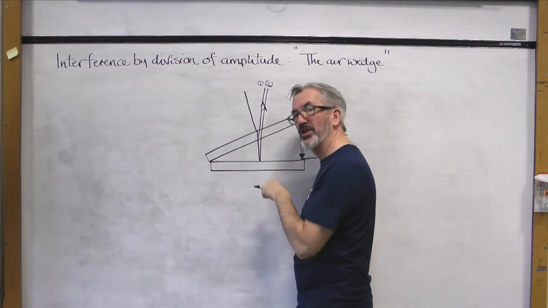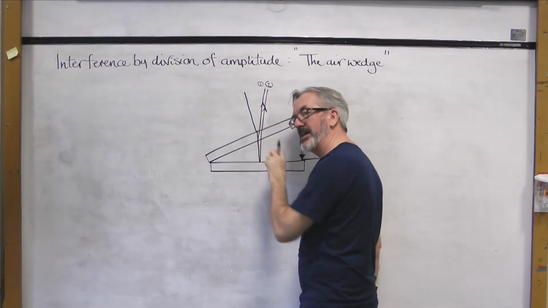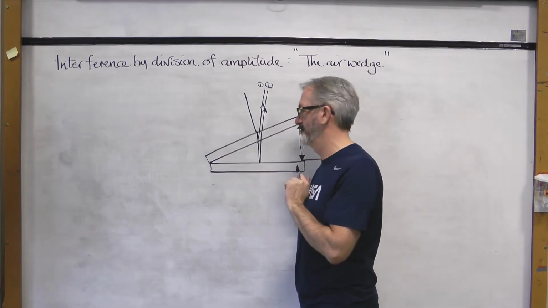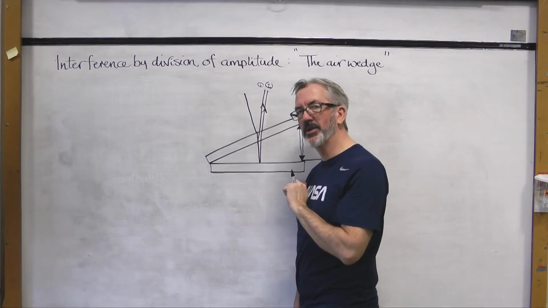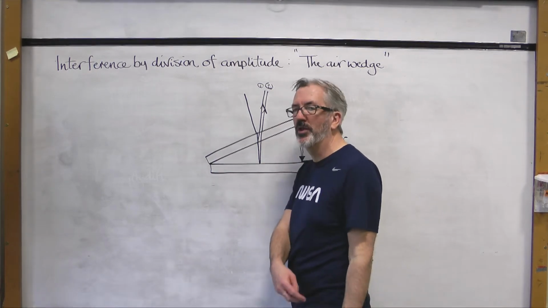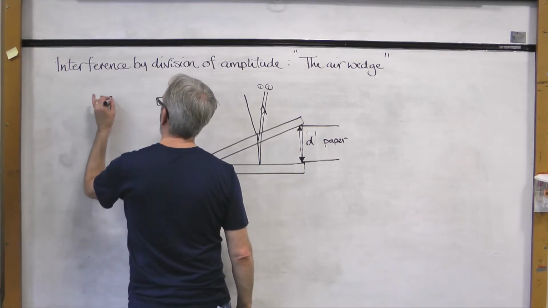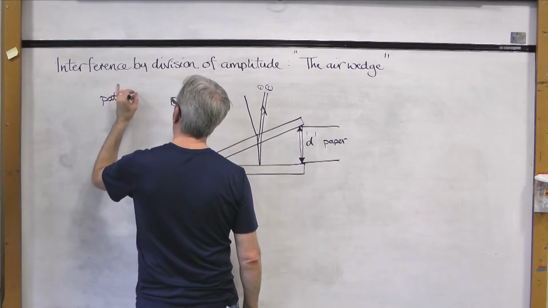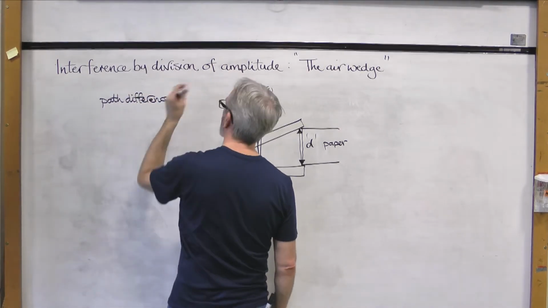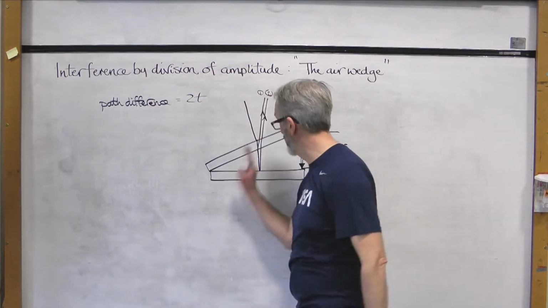Ray number 2 has got an extra path of down and up, so it's twice the thickness of the air wedge at that point, 2t. 2t is equal to the path difference. Remember, the refractive index of air is 1, so we don't need to worry about the refractive index this time. The path difference between ray 1 and ray 2 will be twice the thickness of the air wedge at that point.